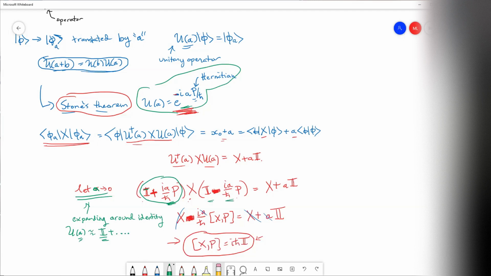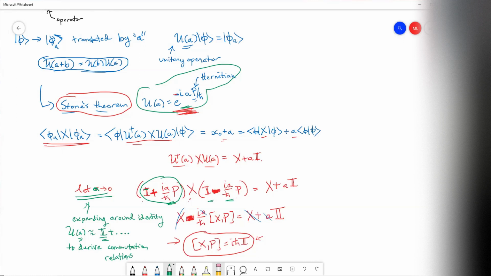Same thing here with a minus sign. That comes up over and over again, and you use this kind of expansion to derive commutation relations. So yeah, you expand around the identity to derive commutation relations. A very common theme in quantum mechanics. And you see the mathematics of quantum mechanics gives you this automatic connection between symmetries and observables.